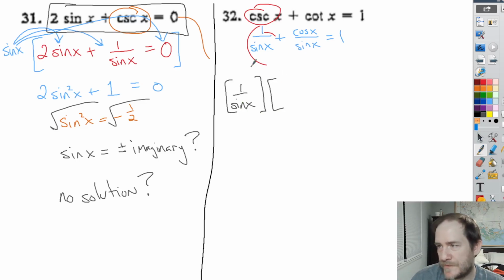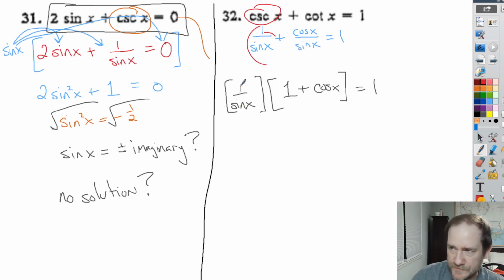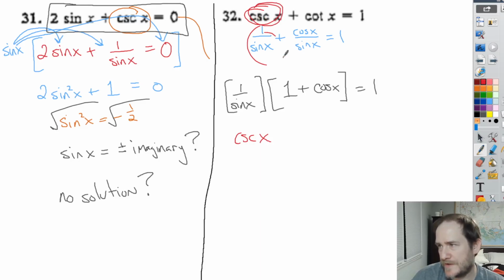And of course, if you factor that out of itself, you get a 1. If you factor 1 over sine out of this, then you pretty clearly just keep the numerator, the cosine part, and it equals 1. So what that means is this guy here is really a cosecant. And again, I don't think you'd have seen it, but if you factor cosecant out of cosecant, you get the 1.